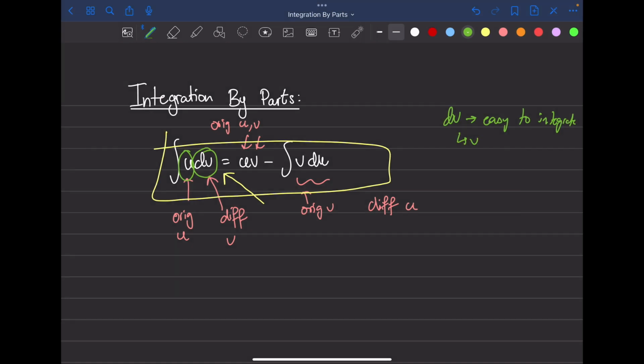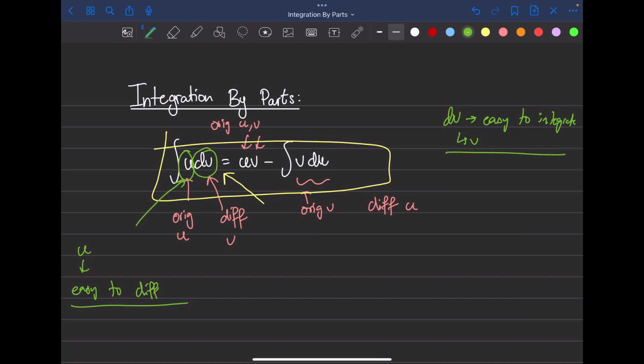So you want to be able to find the integral of dv easily without having to think too much about it. And then for u, this u must be the function that is easier to differentiate. It becomes simpler and it becomes smaller once you differentiate it. So u is, I'm going to write it down here, u is easy to differentiate or find the derivative of.